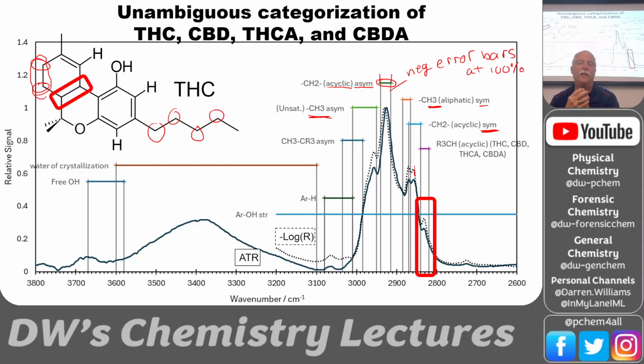Okay, but yes, this guide would be for the average set of organic molecules. Now, if you have some very strange functional groups that are changing the electron density on that carbon where those two hydrogens are attached, then you might see a significant shift. But we don't have anything like that.